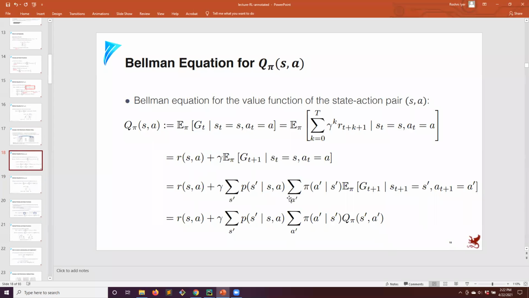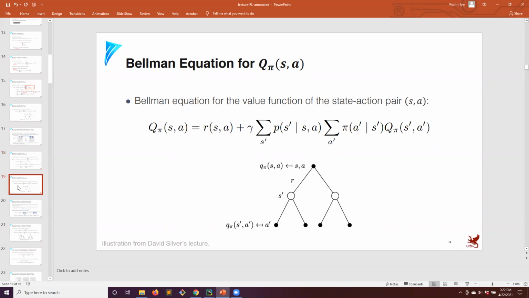So this is kind of like a recursive formula where we have this Q term here, but we also see coming up here the Q function for the next time step and the action. And this also looks similar to the value function. So instead of just having the state, we have the state and action pairs.